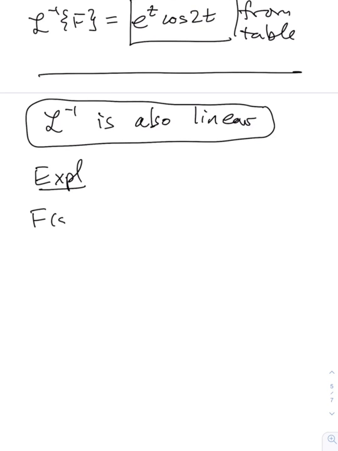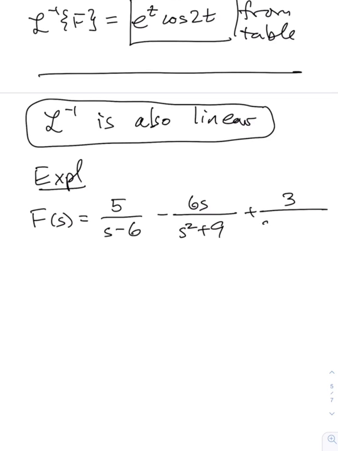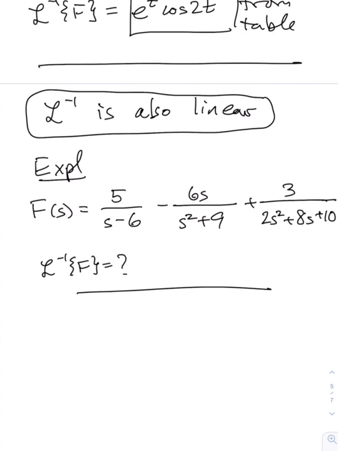Let's take F of s, capital F of s, to be 5 over s minus 6, minus 6s over s squared plus 9, plus 3 over 2s squared plus 8s plus 10. And we want to know the inverse Laplace transform.